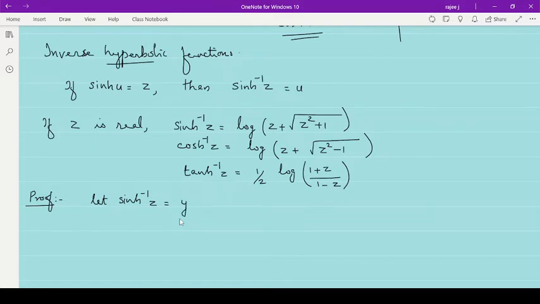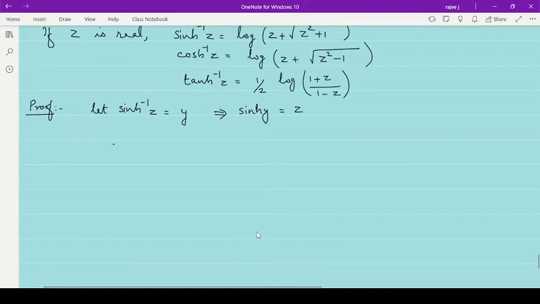Then this means sinh y is equal to z, by definition only. Therefore z is equal to sinh y.